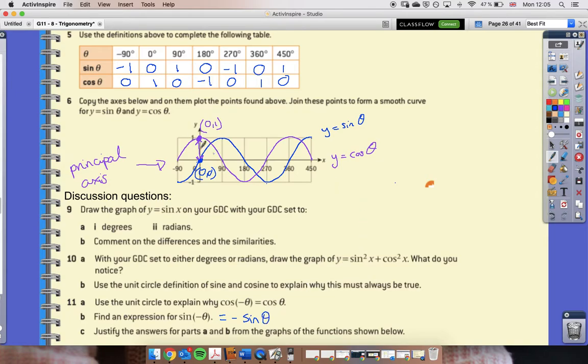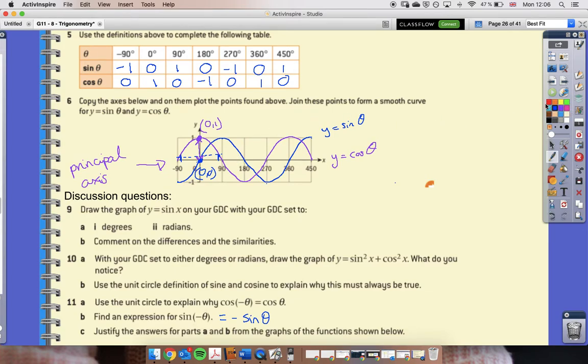And we can see that from the graphs as well. We can see the symmetry with a cosine graph means that a positive value for our angle and a negative value for our angle, we're going to get the same output.